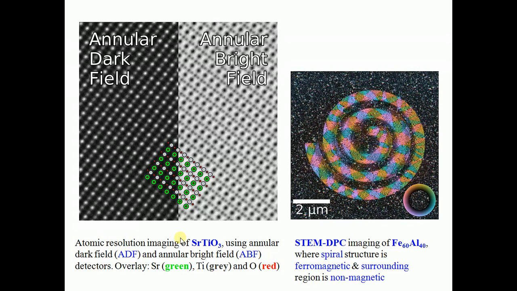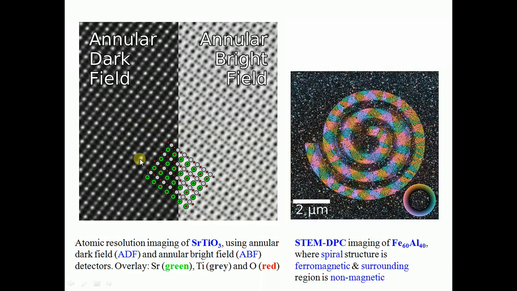You see, this is the annular dark field image and annular bright field image for the same sample. Keep in mind, for the same sample, but in the STEM mode. What you can see is the atoms: strontium green atoms and oxygen red atoms. Then this is the SrTiO3 and other Ti atoms, the gray ones.